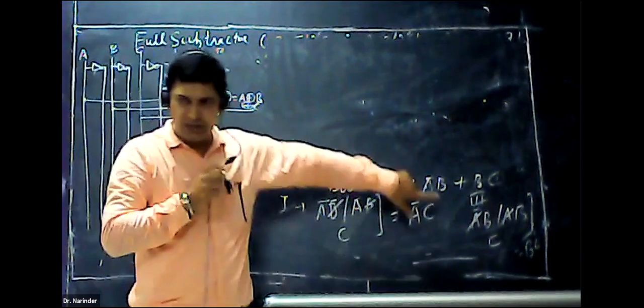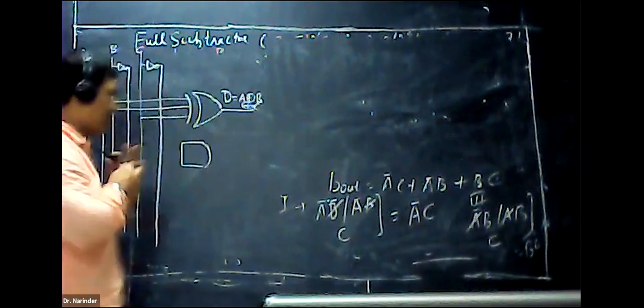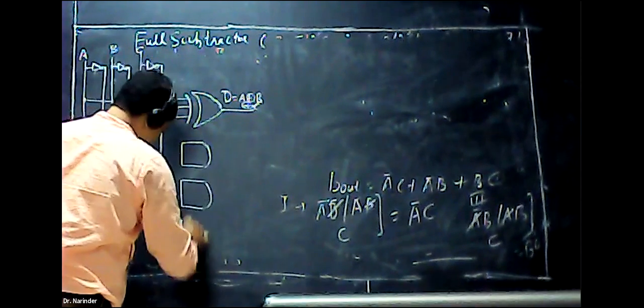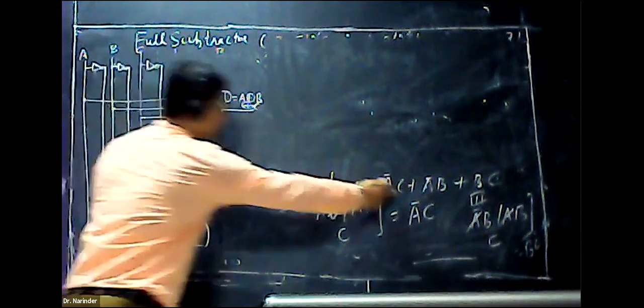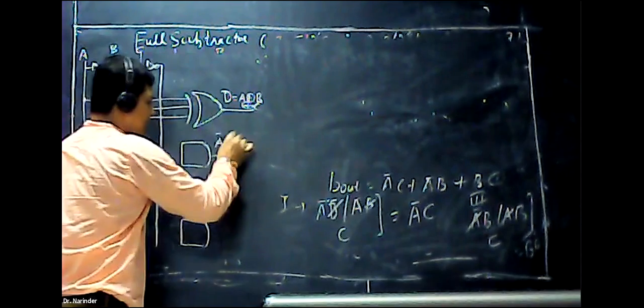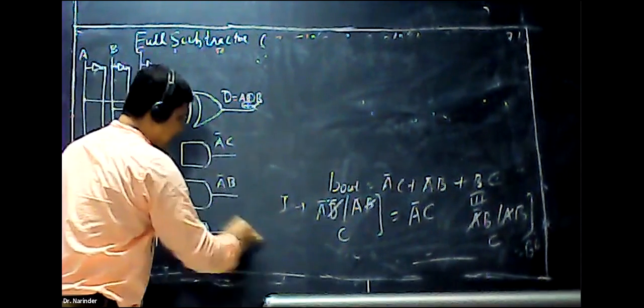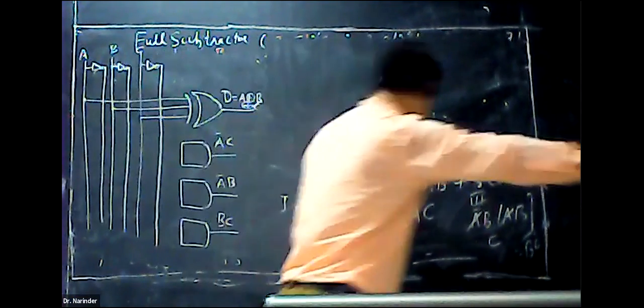One multiplication, second multiplication, third multiplication. It means 3 AND gates are required. 1, 2, 3. The first AND gate will give you A bar C. The second AND gate will give you A bar B. The third AND gate will give you BC. Then you have to add these.